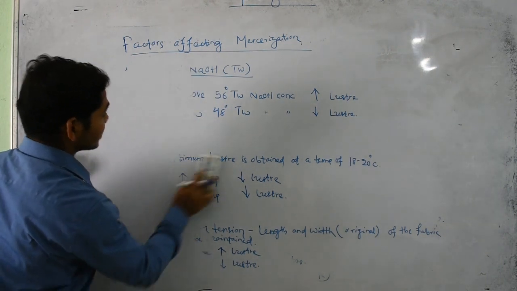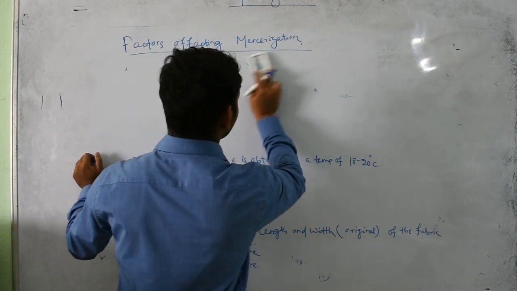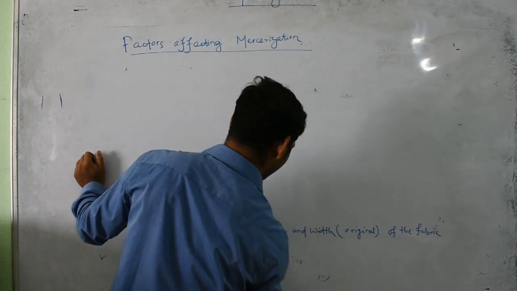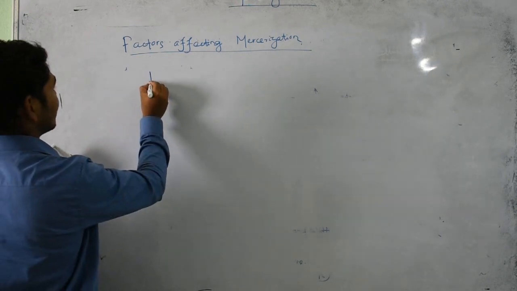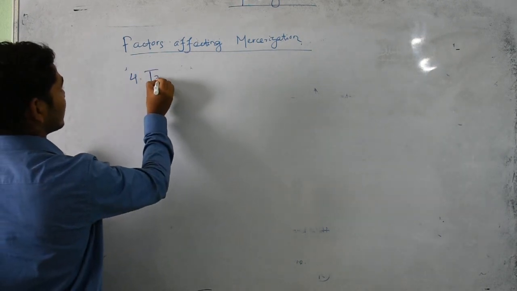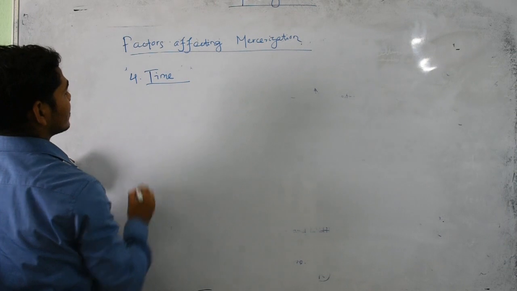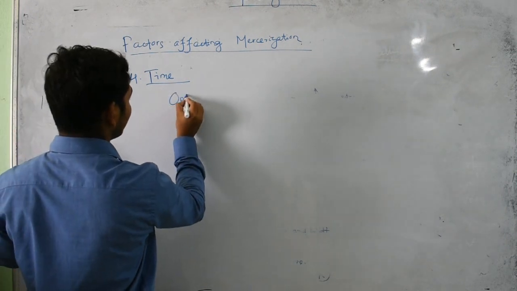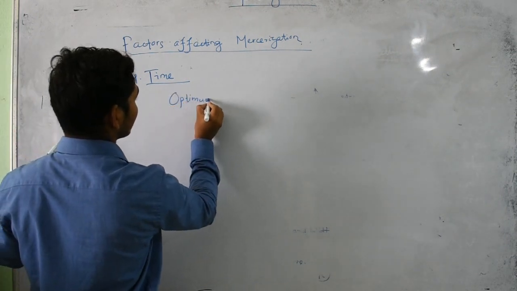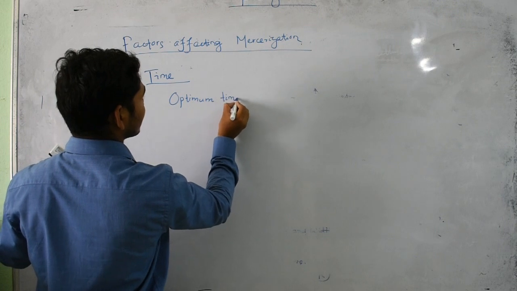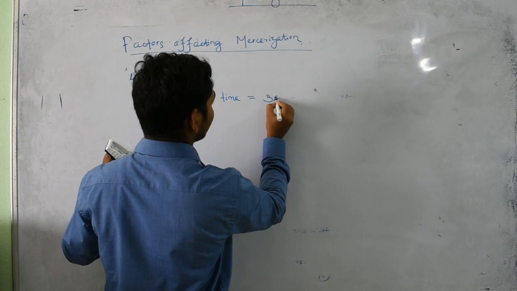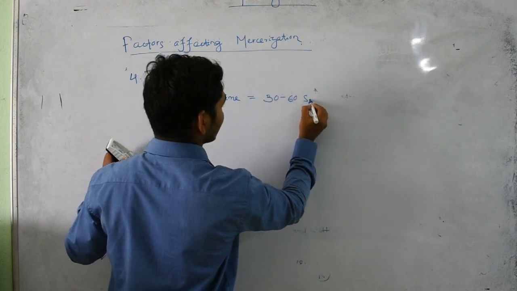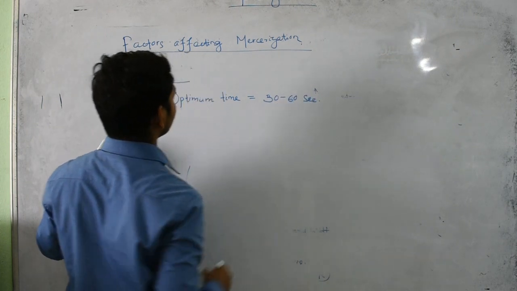Now, coming to the next factor, that is time. So, the optimum time for mercerization is 30 to 60 seconds.